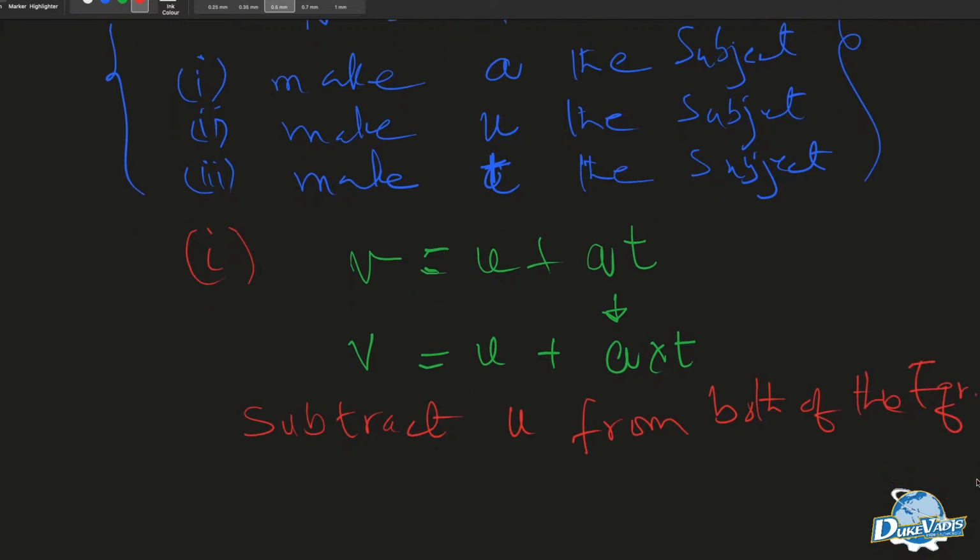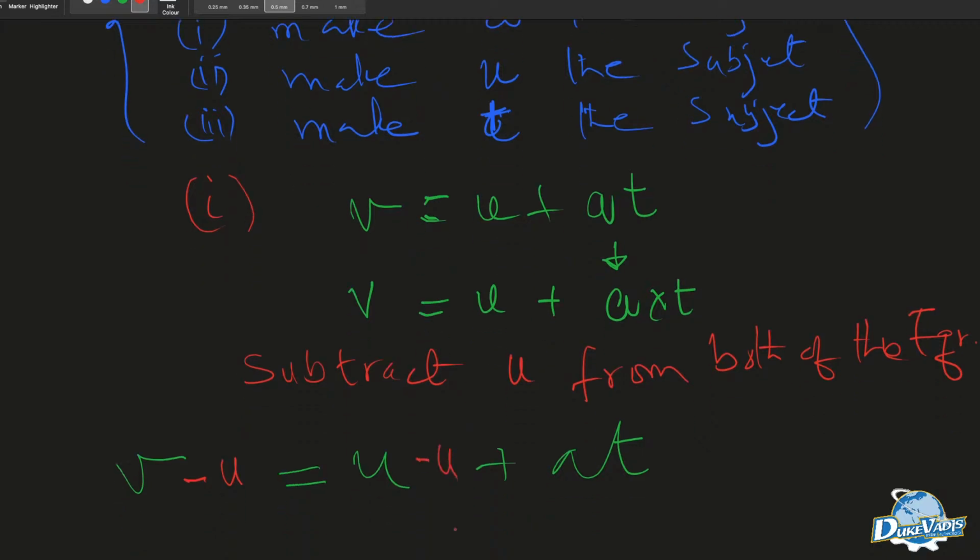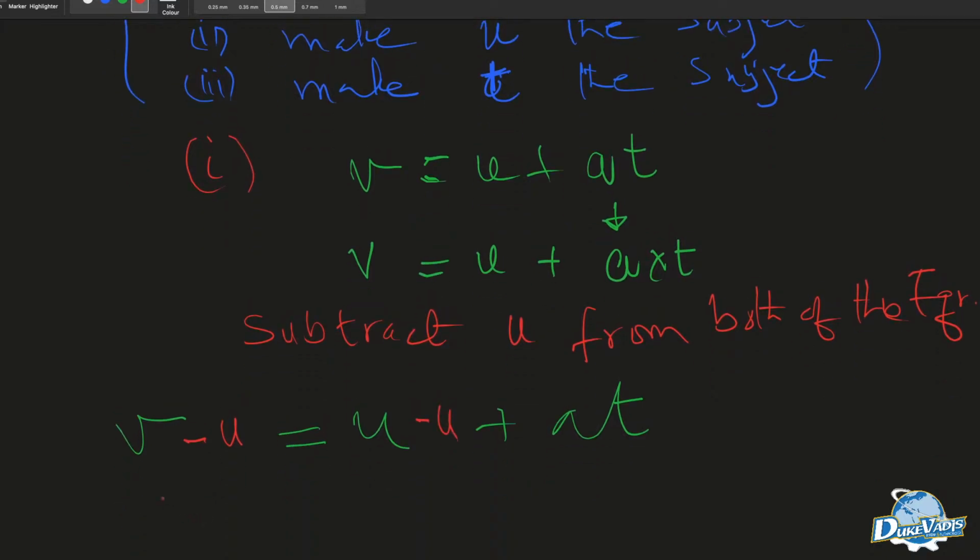So what do I have? I have V equals U plus AT. So what am I going to do? Subtract U from both sides. When I subtract U from here and subtract U from here, this will be V minus U is equal to 0 plus AT.